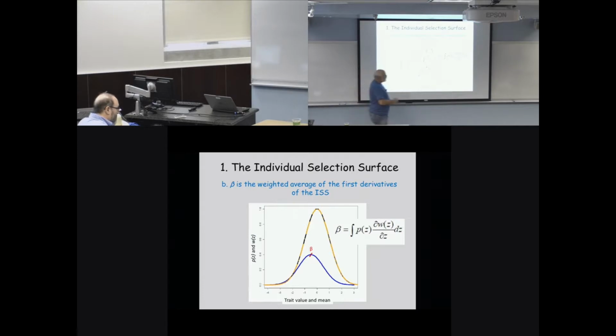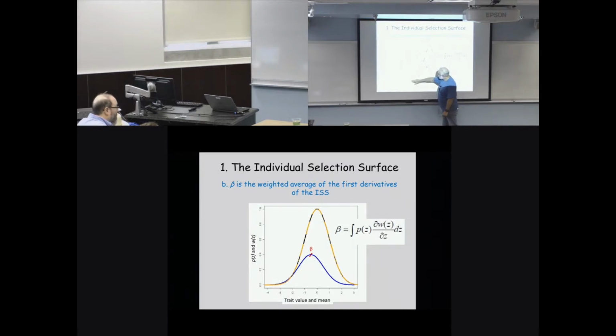Okay, so how does beta relate to such a surface? Well, it's the weighted average of the slopes of the individual selection surface. So let me just do it graphically. Here's our selection surface before selection. Here's the ISS.